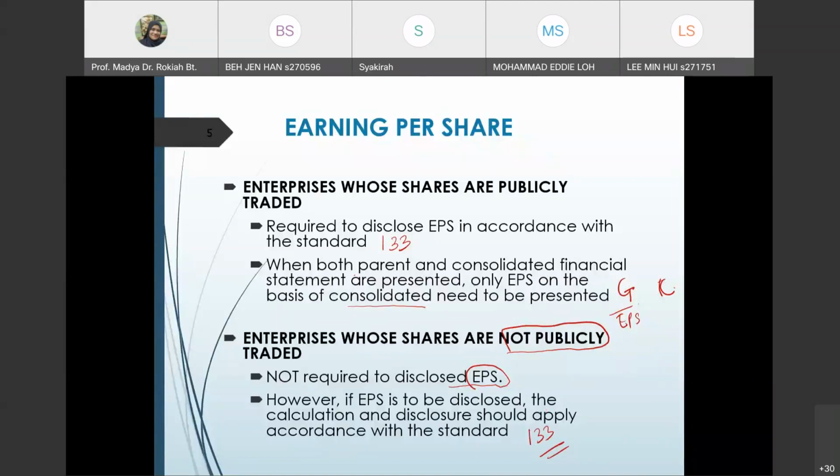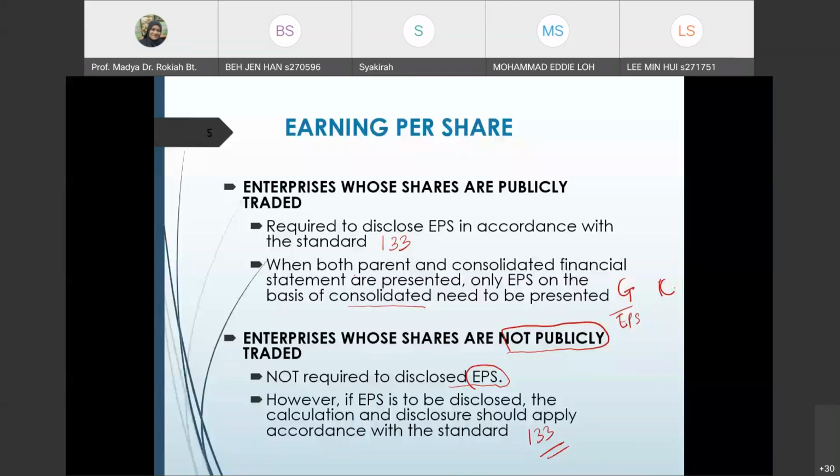So the EPS information only needs to be disclosed by companies that are publicly listed. Those that are not publicly listed are not required to disclose it, but if they intend to, they need to follow the way of calculation and disclosure required by standard 133.